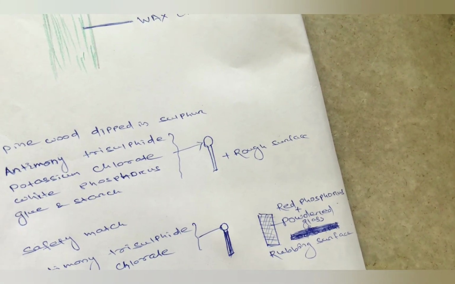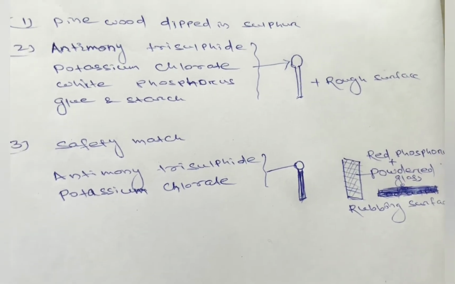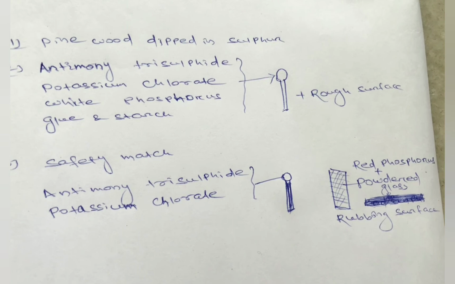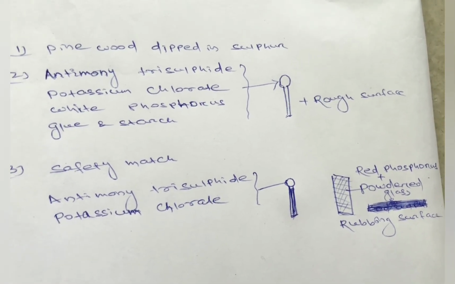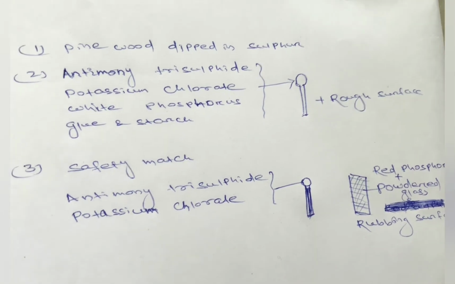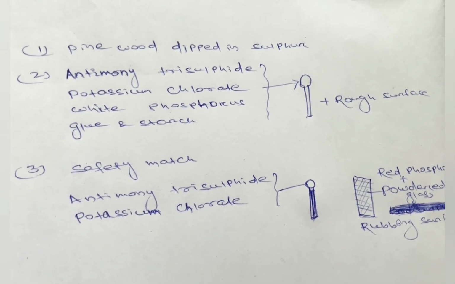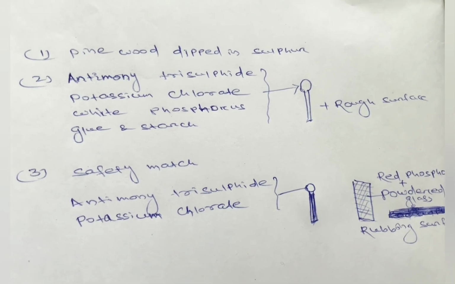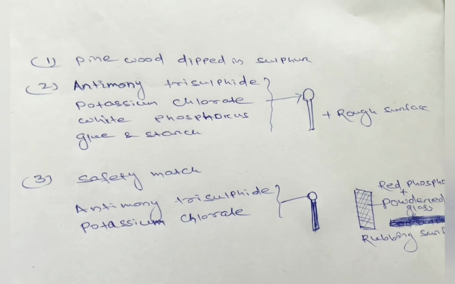Only after rubbing, some of the red phosphorus is converted into white phosphorus. Red phosphorus doesn't catch fire easily, but white phosphorus will. After rubbing only can we get the fire. So these are safe until we rub the match against the cover.